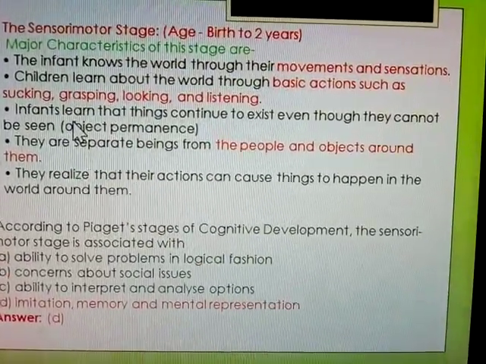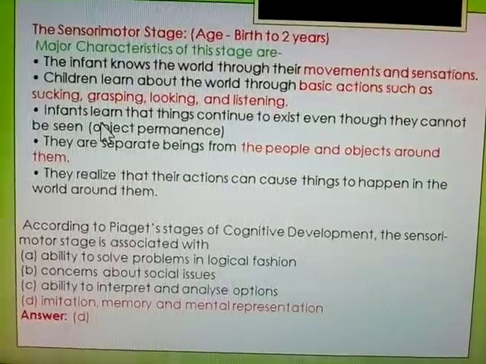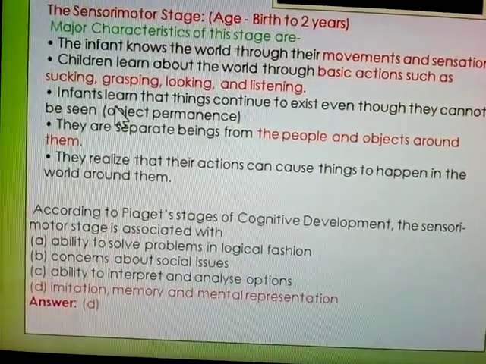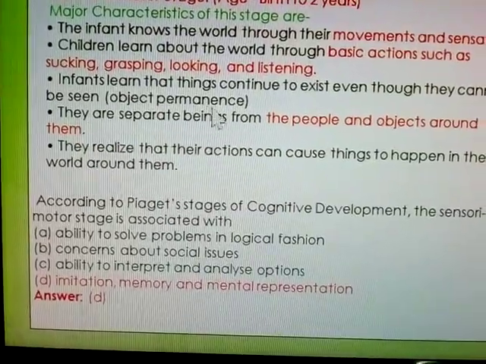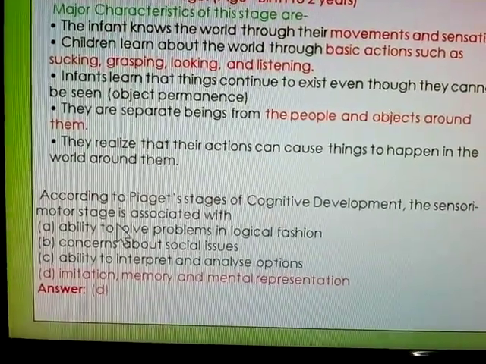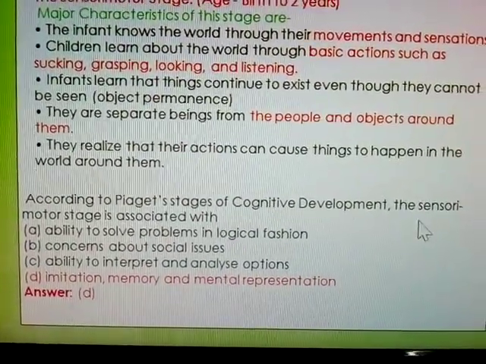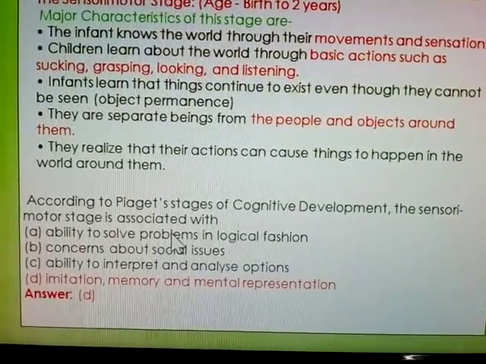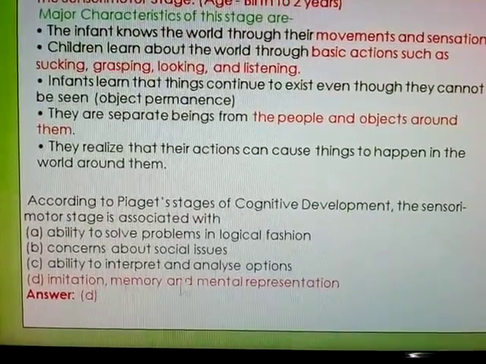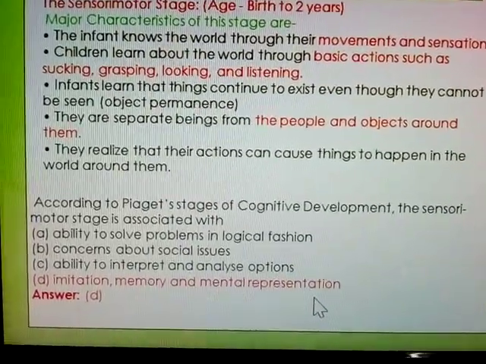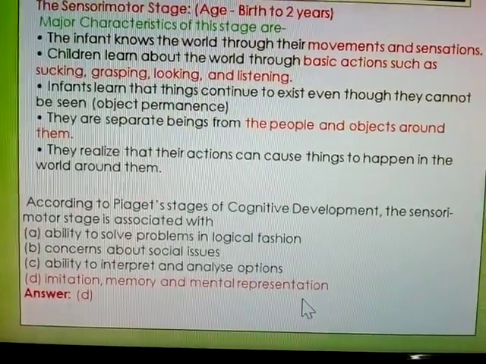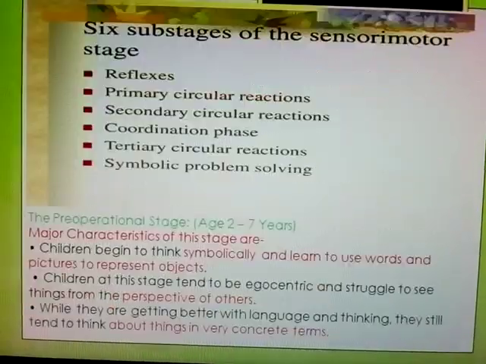In this stage, people and objects are around them. Question: according to Piaget's stages of cognitive development, the sensorimotor stage is associated with what? Answer: imitation, memory and mental representation.